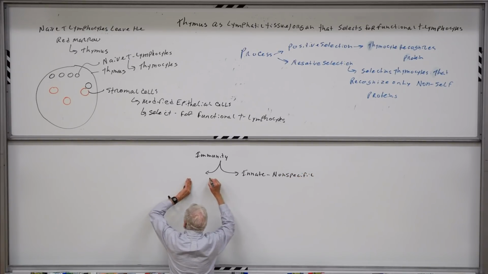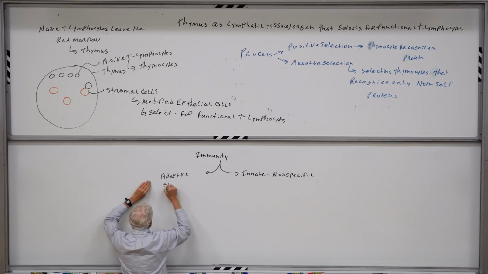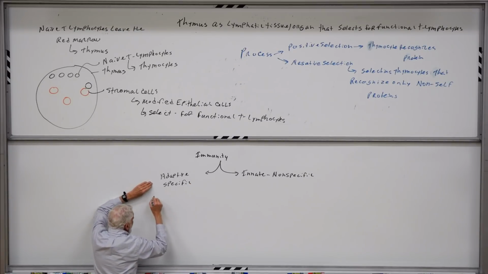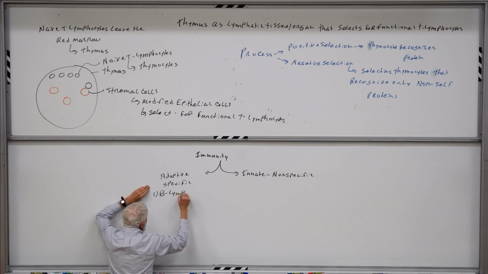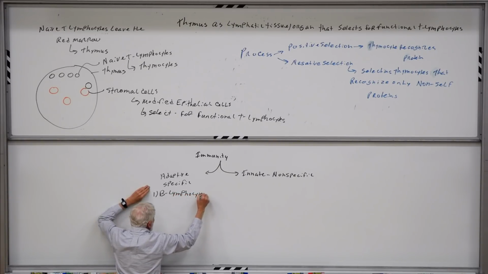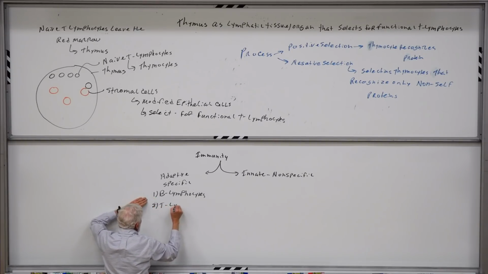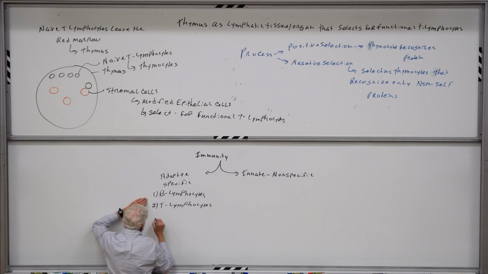The other is said to be the adaptive or specific. The adaptive branch includes B lymphocytes, T lymphocytes, and a third cell type called dendritic cells.